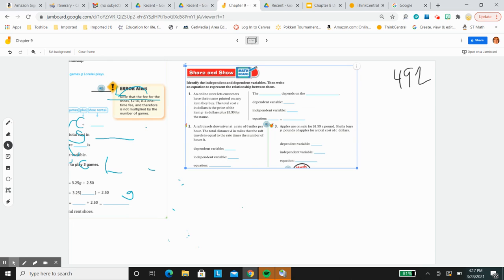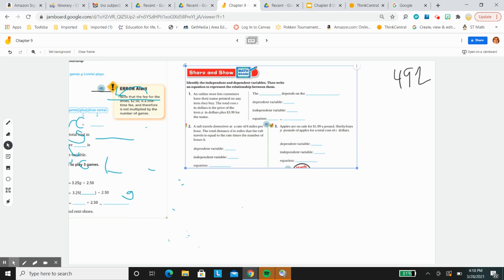An online store lets customers have their name printed on any item they buy. The total cost C in dollars is the price of the item P in dollars plus $3.99 for the name. So let's decide first.